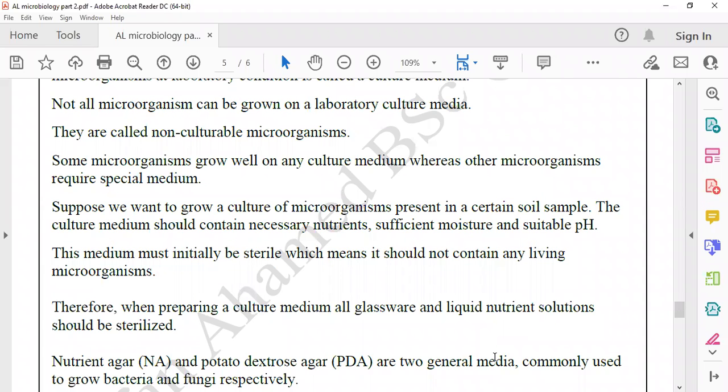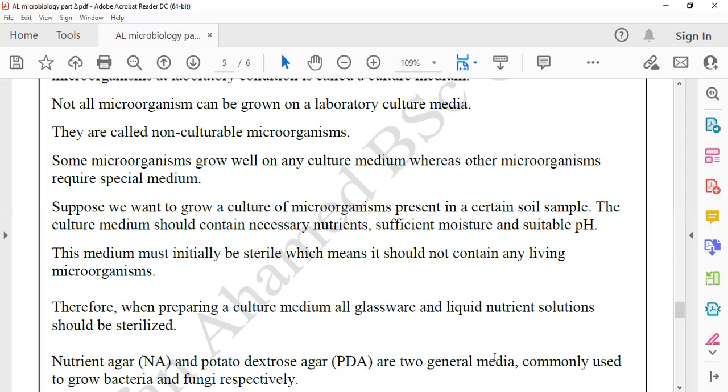In that case, before you introduce, can there be any microorganism there? No. There cannot be any microorganism. If there are any other microorganisms, what would happen? They also will grow. Then which one is coming from your source, which one was existing there, we are not clear.